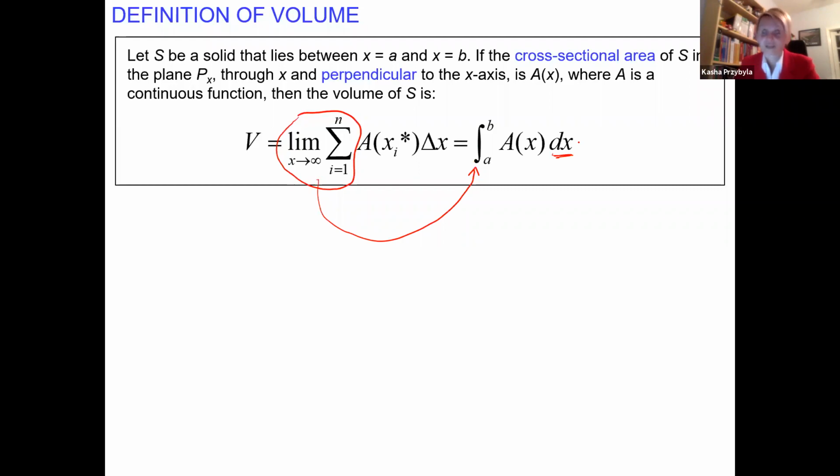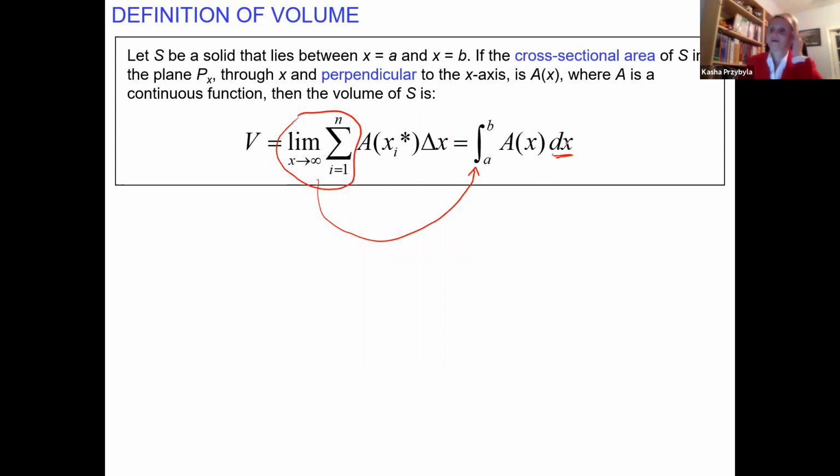The only thing that we have to remember from this section: in order to find the volume of the solid, we have to integrate the cross-sectional area with respect to x if we are cutting the x-axis. We may have a solid placed along the y-axis, then we will cut the y-axis, and everything will be in terms of y.